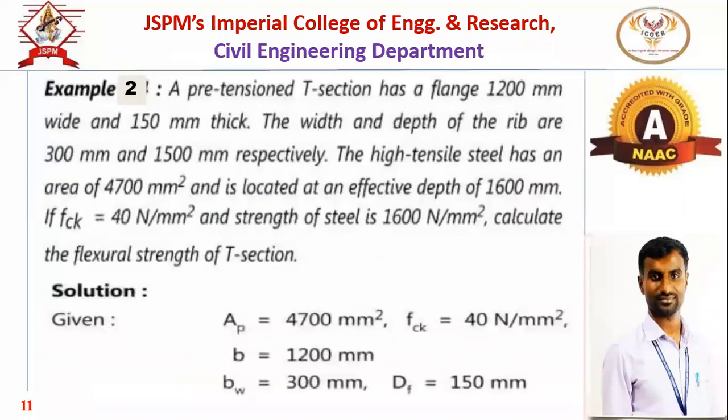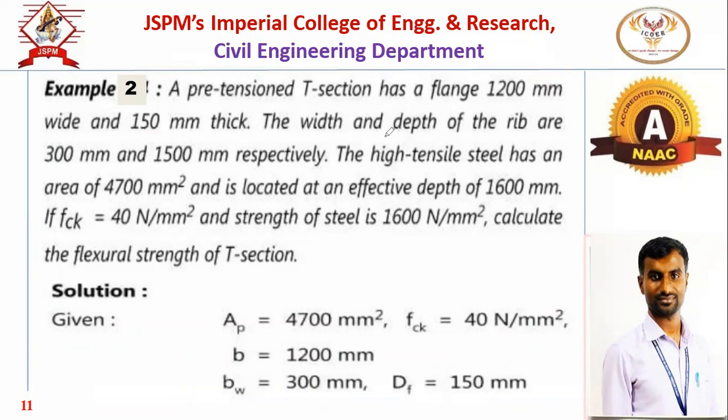Now we will see one example. In this example, a pre-tension T section has a flange of width, small b, 1200 mm, and the thickness of flange, Df, is given as 150.